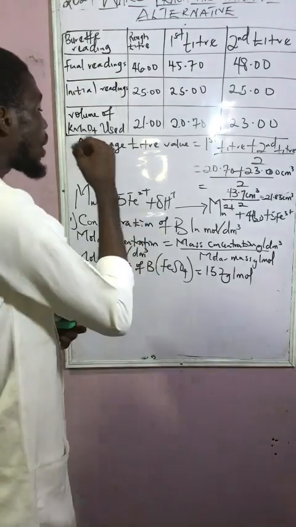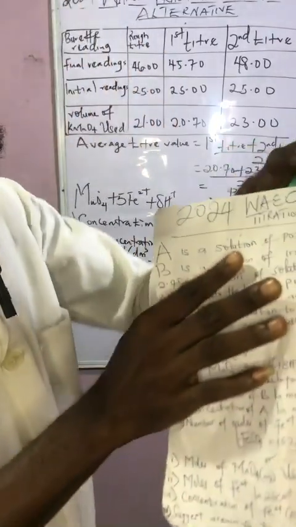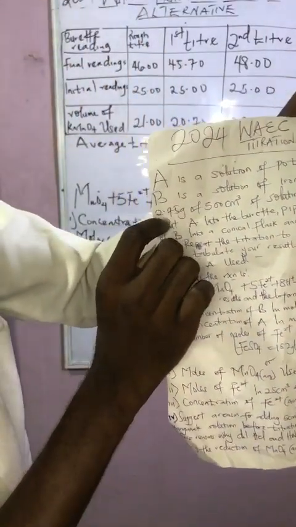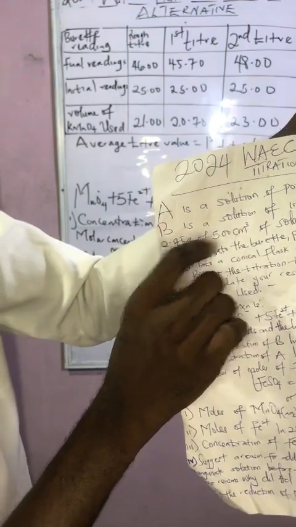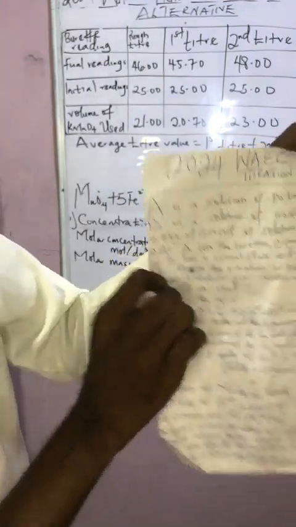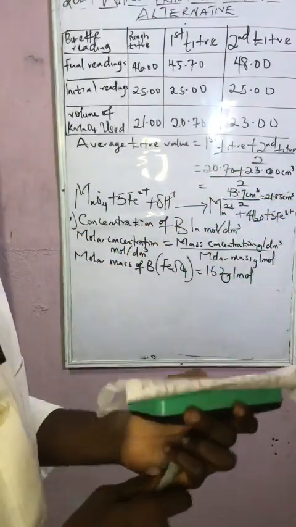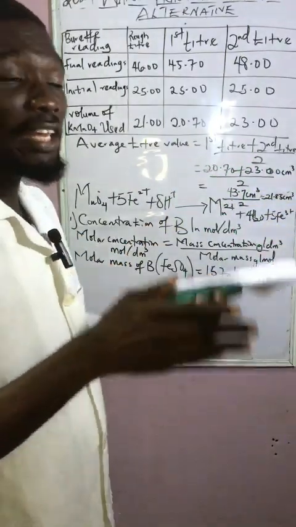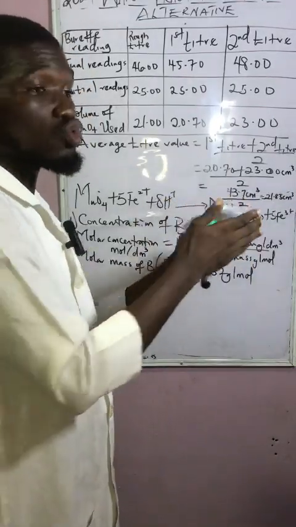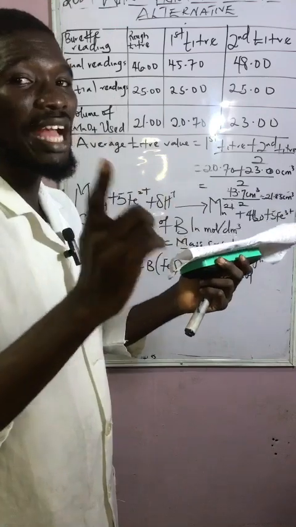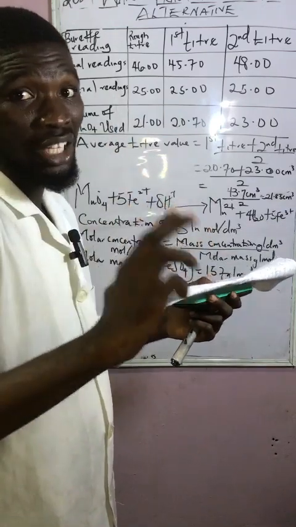So what is our mass concentration? From the question, we are given 2.75 gram of 500 cm cube. Initially, from the report given by WAEC, it is 5.5 gram per dm cube. So if you are to prepare that, you divide it by 2. But don't forget that WAEC asked us to weigh 5.5 gram of that iron 2 sulfate.